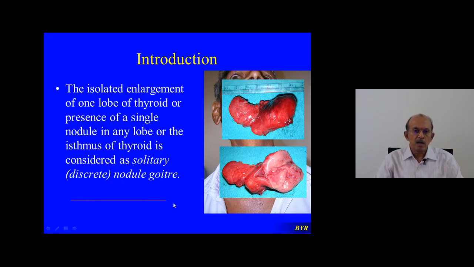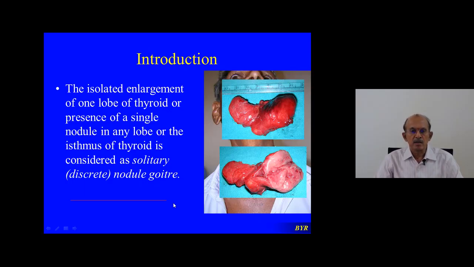The isolated enlargement of one lobe of the thyroid gland, or presence of a single nodule in any lobe or the isthmus of the thyroid, is considered a solitary nodule goiter or discrete nodule goiter, also called solitary thyroid nodule.